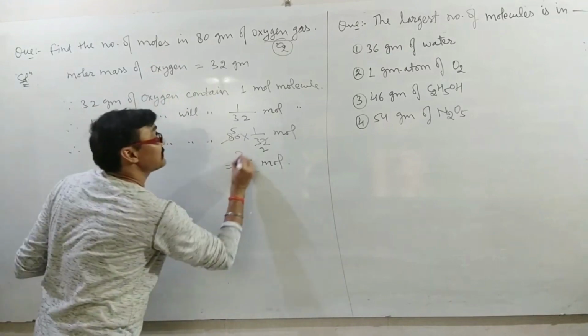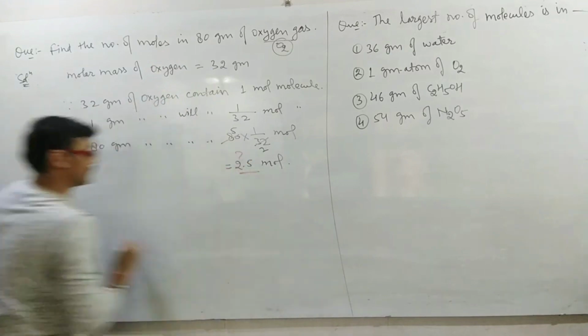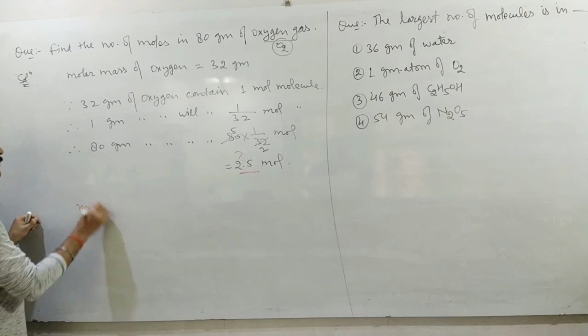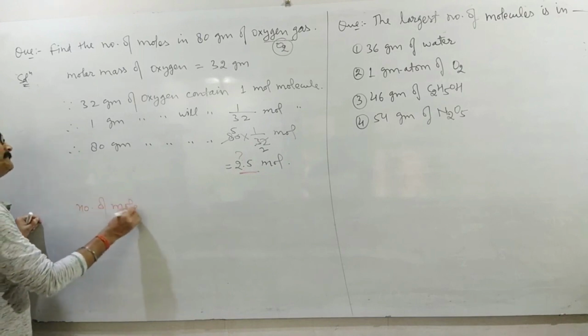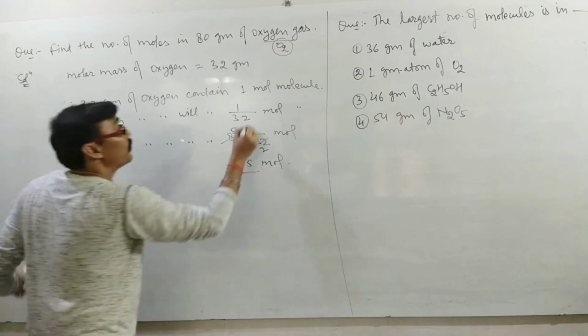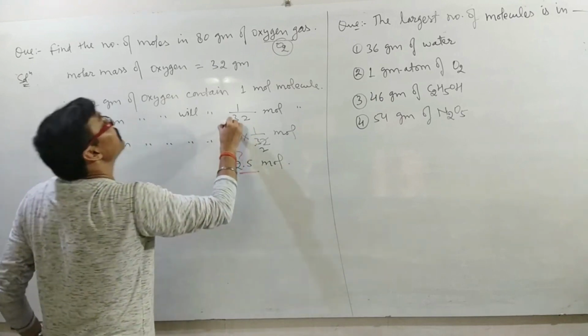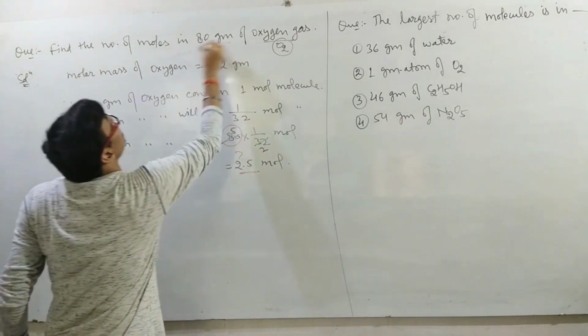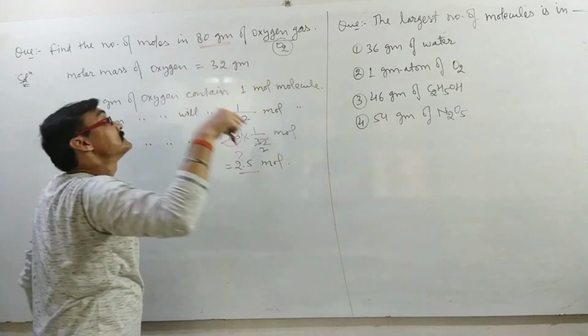What is this? Number of moles. So, number of moles is equal to, what is this? Given mass, for which we have to find number of moles.